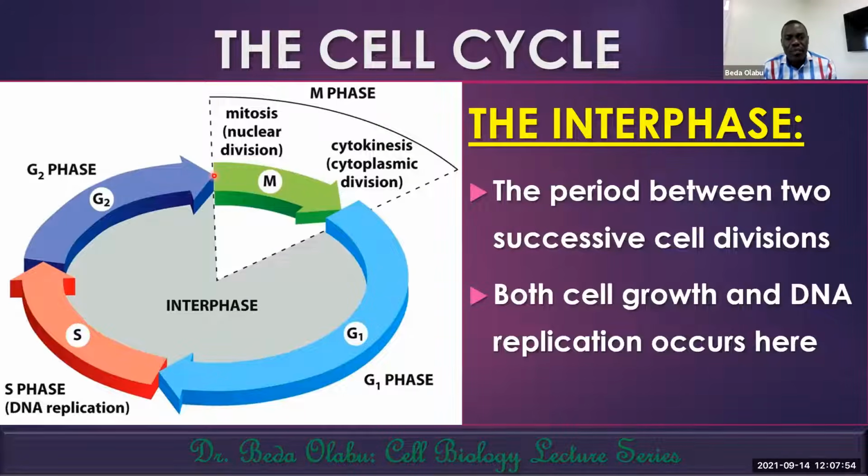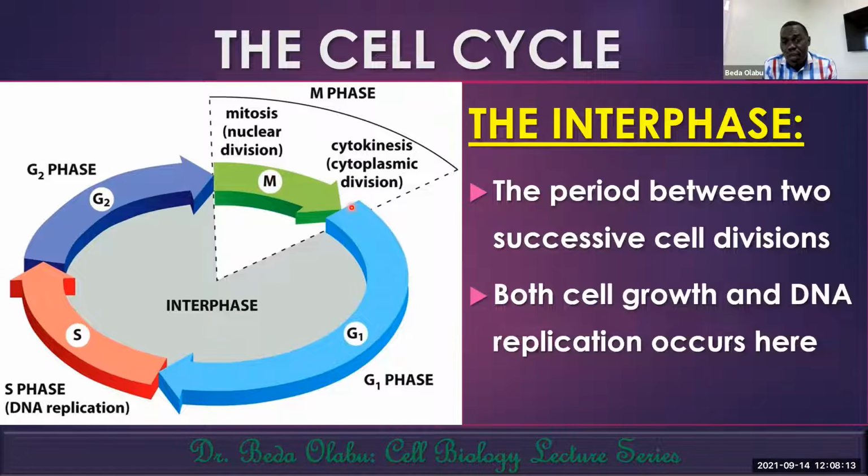During that time, immediately a cell has been formed from cell division, the cell begins to grow. And it is during that time that the cell will also replicate its genetic material.